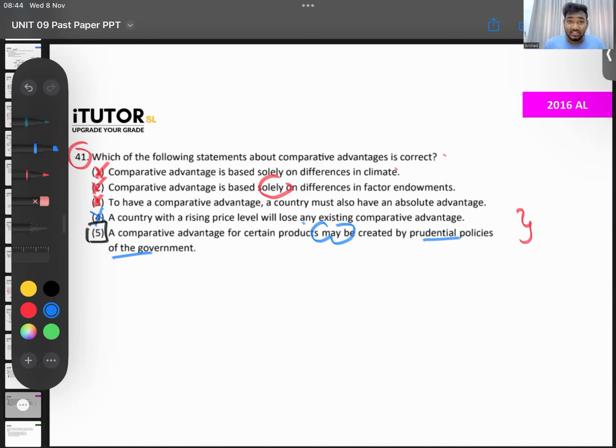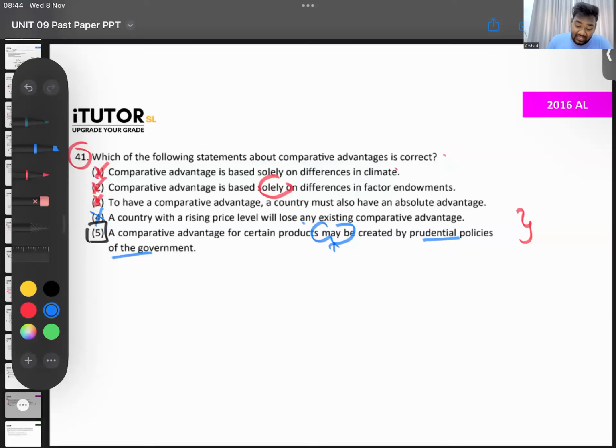To reduce their cost, our government gives them subsidies. So those are government policies. So certain government policies can help with getting a comparative advantage. Yes, that's also a source. Yes, they're asking for the sources. Okay, but remember, it will not always be created.